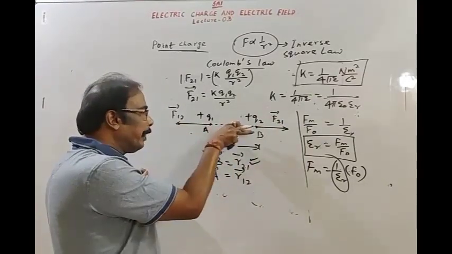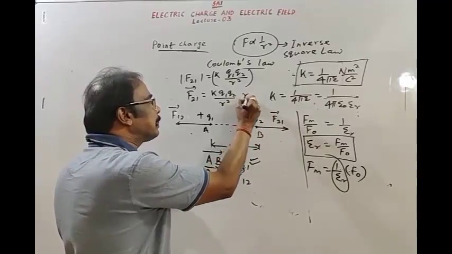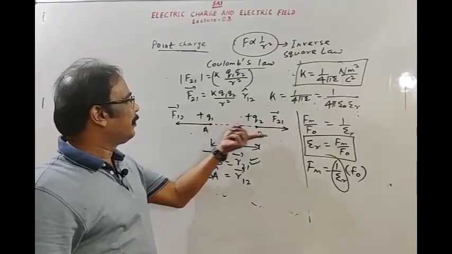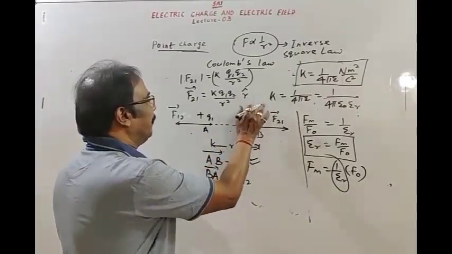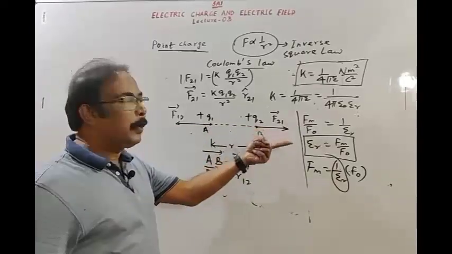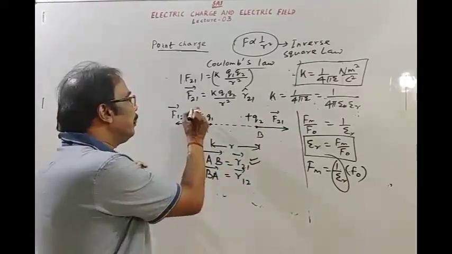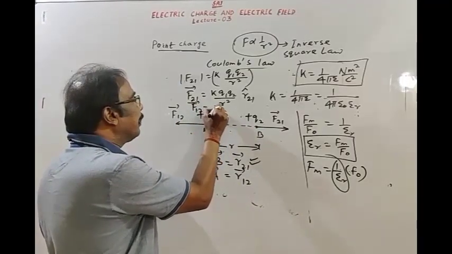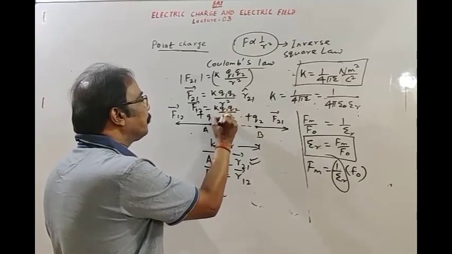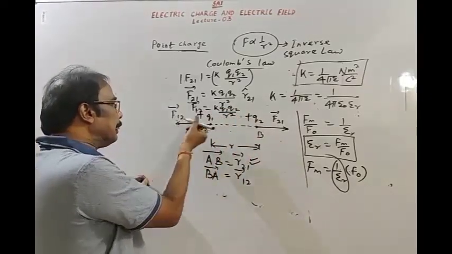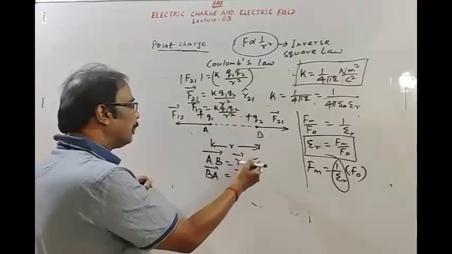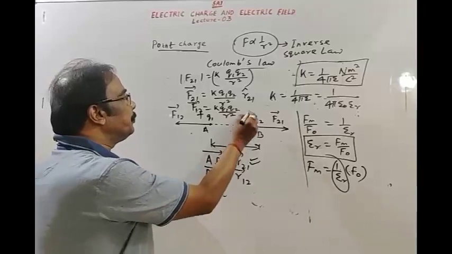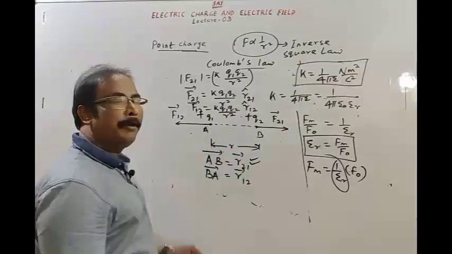R21 is from A to B, means along positive x-axis. Just write a unit vector along R21, R21 cap, from A to B, which is along positive x-axis. Similarly, the force on Q1 due to Q2, let F12, we can write in similar way, K Q1 Q2 by R square. Direction is along negative x-axis, and direction is along BA, means from B to A, along negative x-axis. So we may take R12 cap.